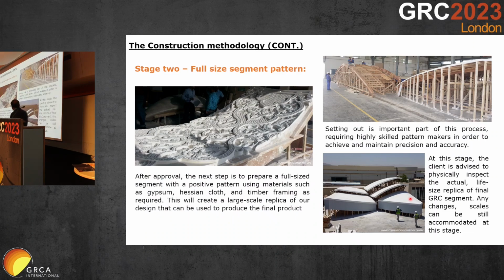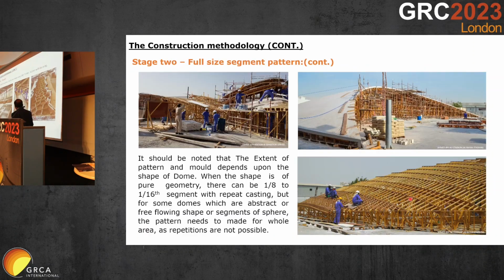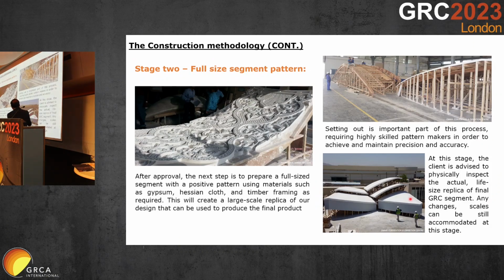Here is again carving, and this is the construction method, like making the mold, the segment. These are the patterns, again setting out using the total station and cutting segments on a CNC machine, so you get it right.